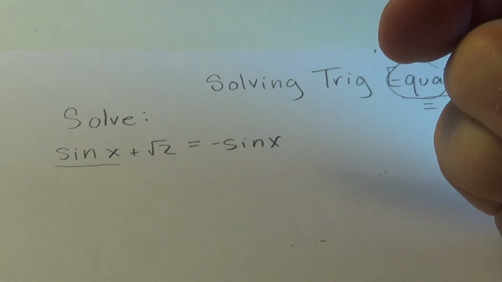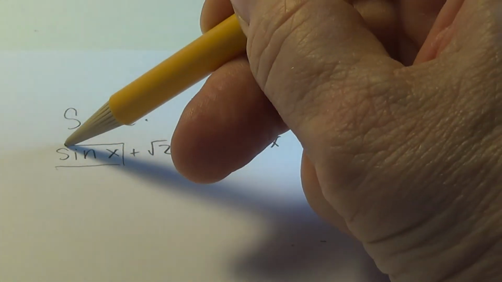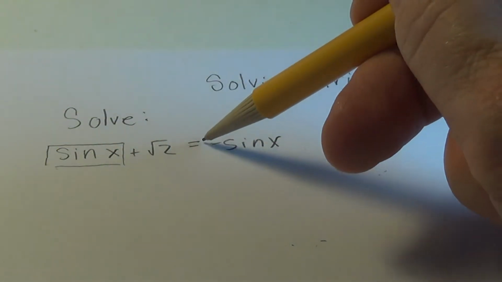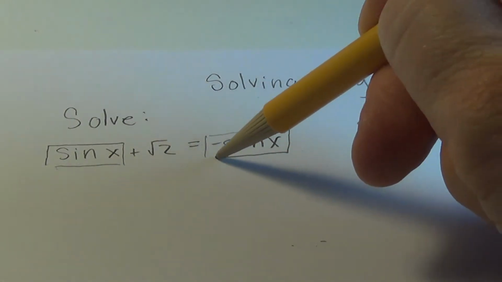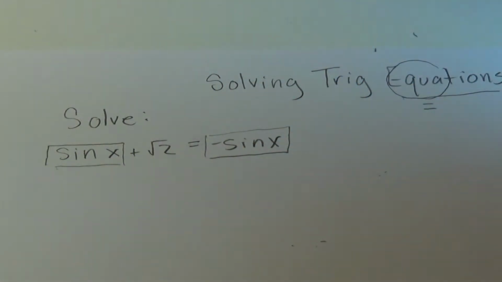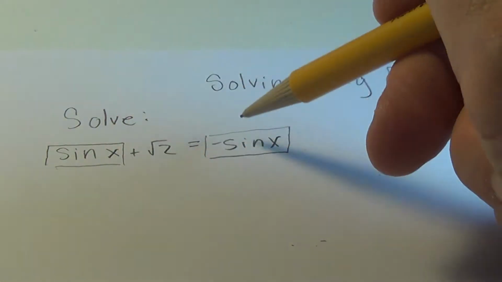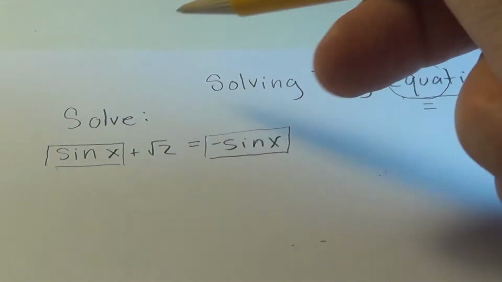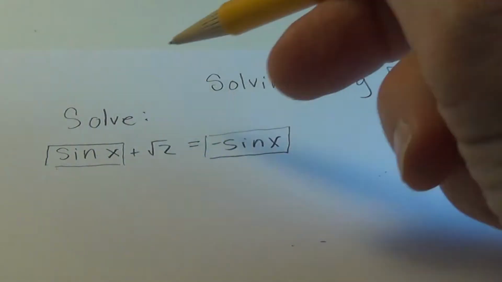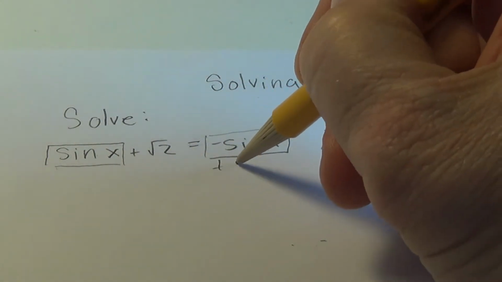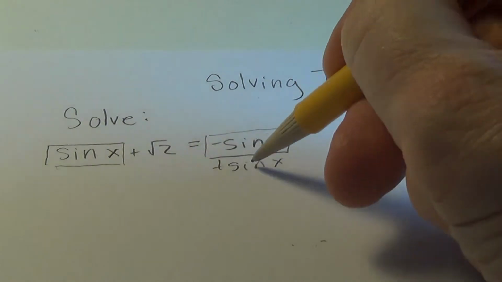So no restrictions. In order to solve a trig equation, you want to get the expression with x in it by itself. So I see sine x, I need to get that by itself. Let's just do some algebraic manipulation. If we want sine x by itself, it's on one side and the other, we're going to have to move it one way or another. Let's make it positive. So I'm going to add sine x to both sides of the equation.